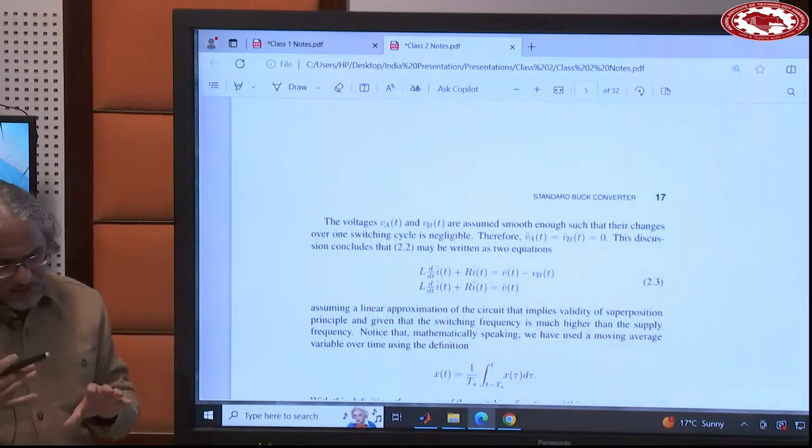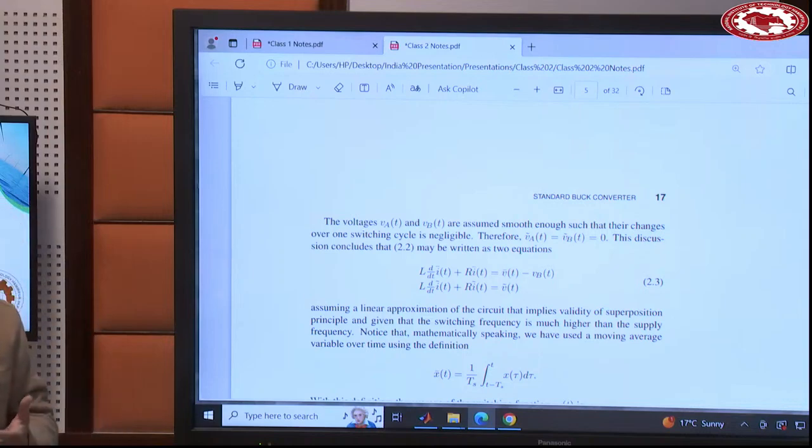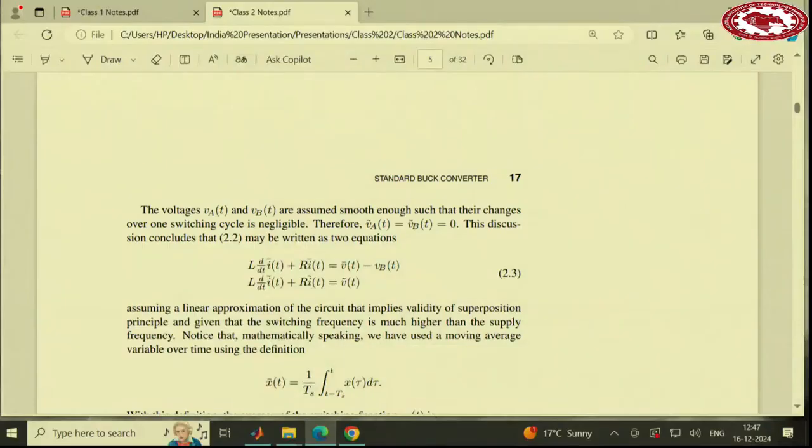And remember, VA and VB, these are the voltages that represent physical systems. These are DC again, right? These are coming from battery or power grid or solar panel or whatever. These are not high frequency.